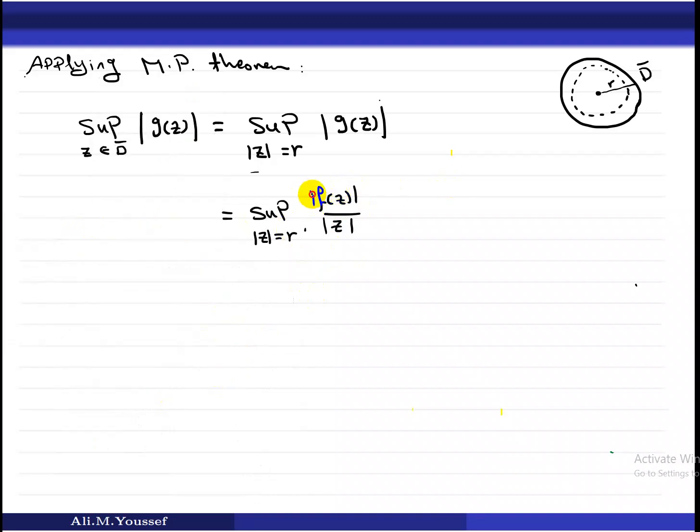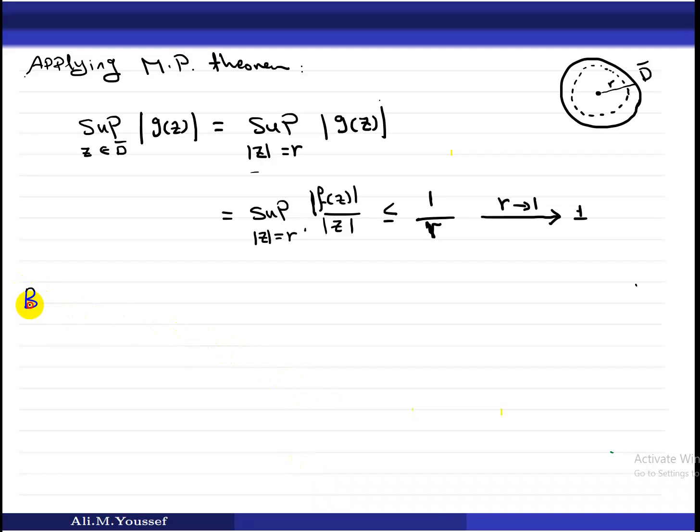So here, the modulus of f of z over z is less than or equal to, we have the modulus of f of z less than 1, and we have the modulus of z equal to r. And by the maximum principal theorem, this one goes to the boundary. So it means that when r goes to 1, this goes to 1. So the supremum of g of z is less than or equal to 1.